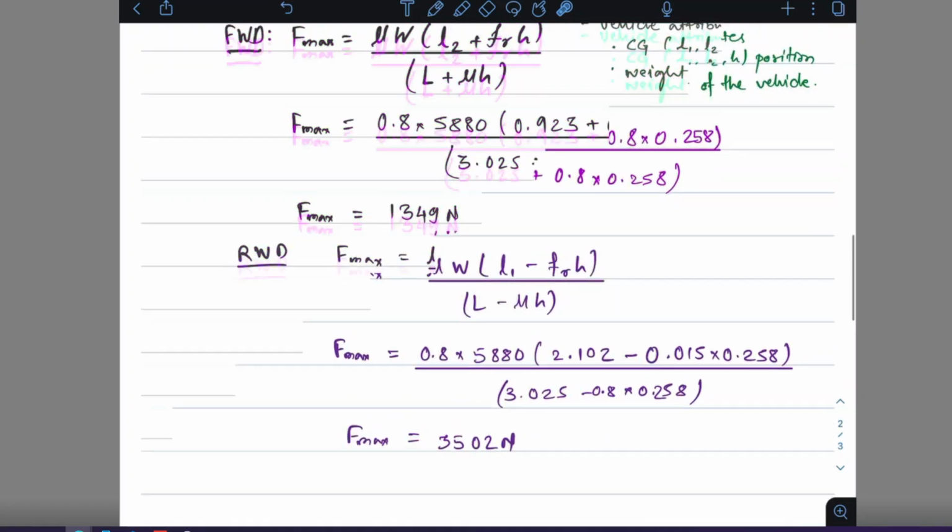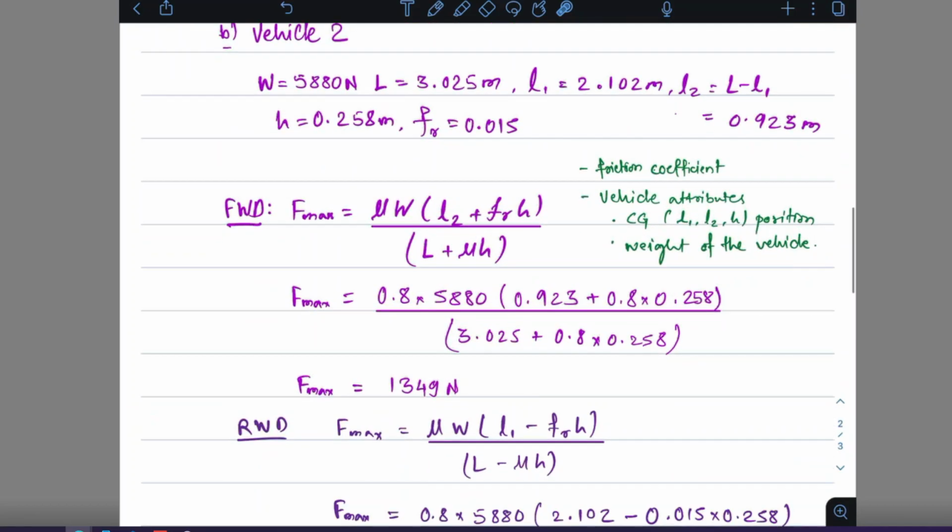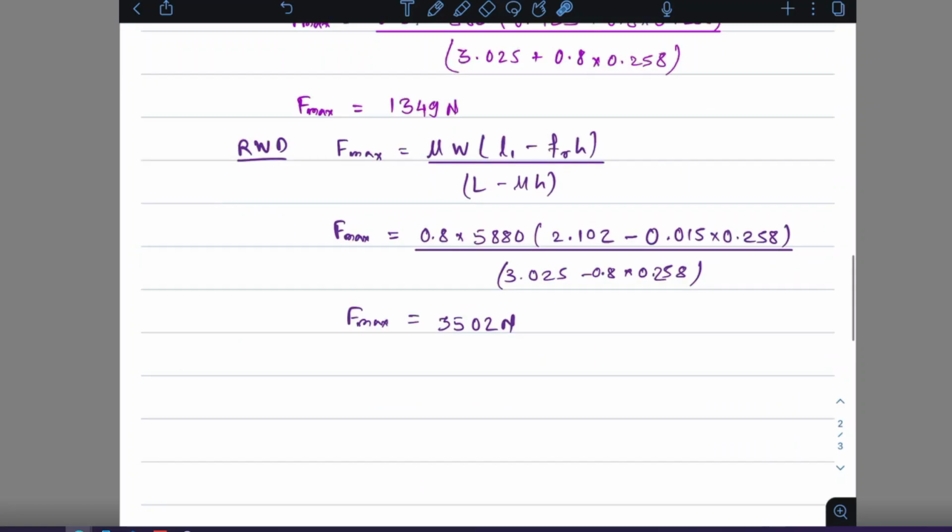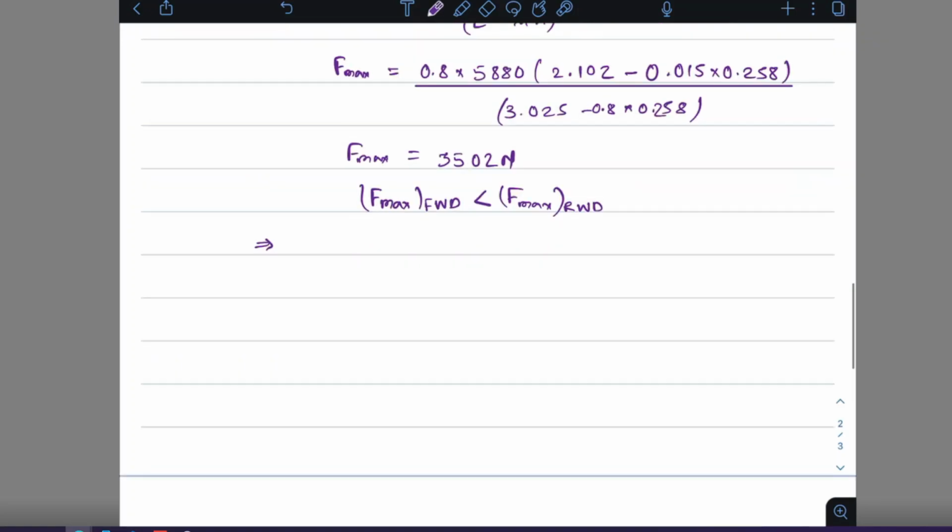Then we did the same calculation for another vehicle, right? And we can see here that the maximum tractive force for a front wheel driven car is less than that of the rear wheel driven car.